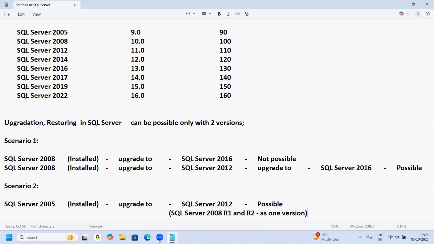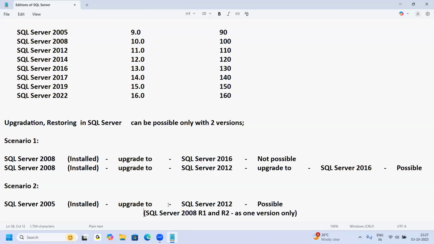Even though feature-wise and implementation-wise, 2008 R2 has some new features which Microsoft introduced, both are considered the same version. It doesn't differentiate. R1 and R2 are not considered different versions of SQL Server. They both are considered the same.